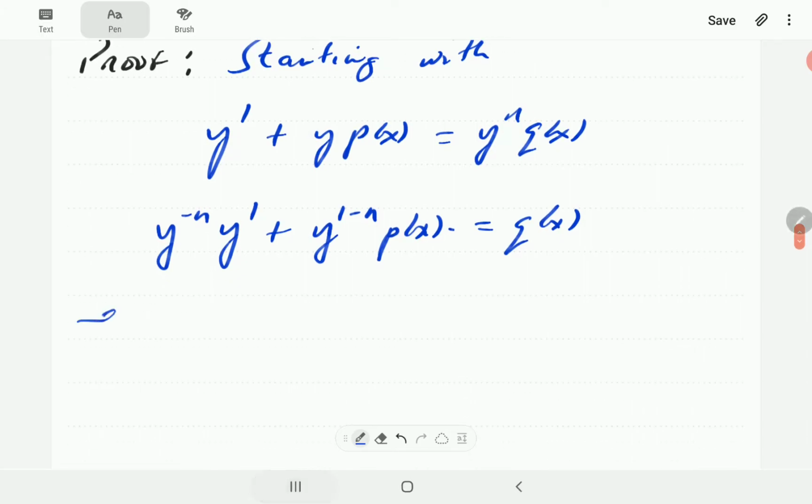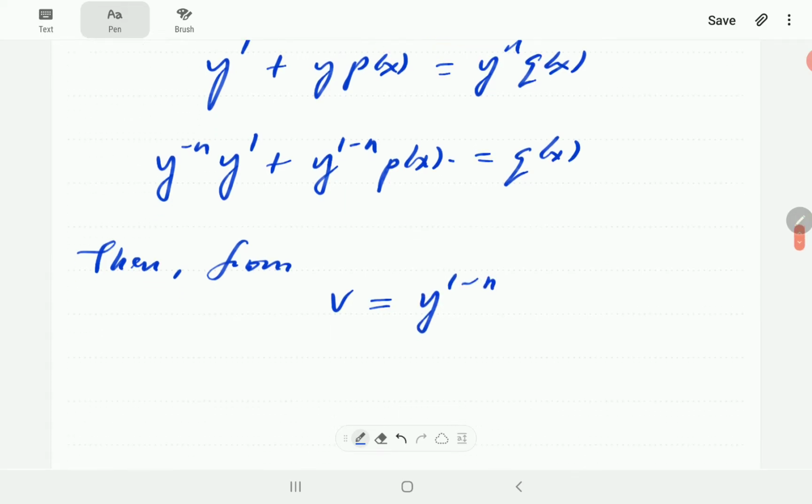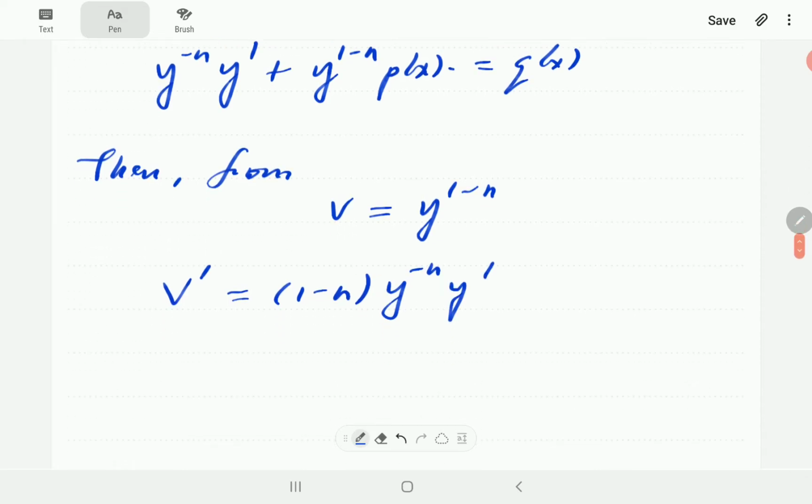Now then, from v equal to y to the power 1 minus n, if we differentiate both sides with respect to x here, then v prime is going to be 1 minus n, and then we subtract 1 here, and then times y prime.